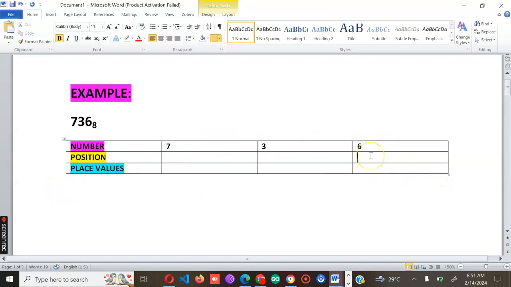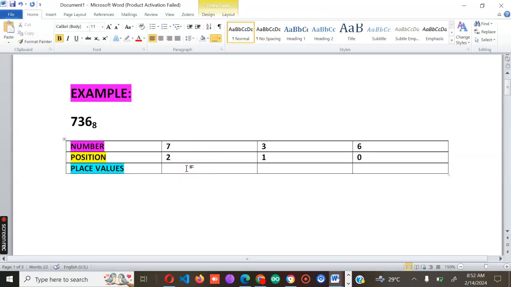We have said that step number 1 is to write down the number, then you write the position. The position is 0. You always start counting from the right hand side. Then this is 1, and this is 2.